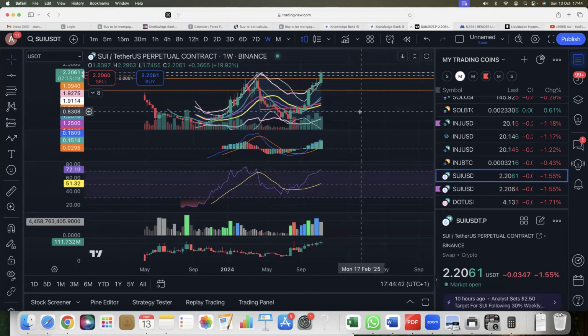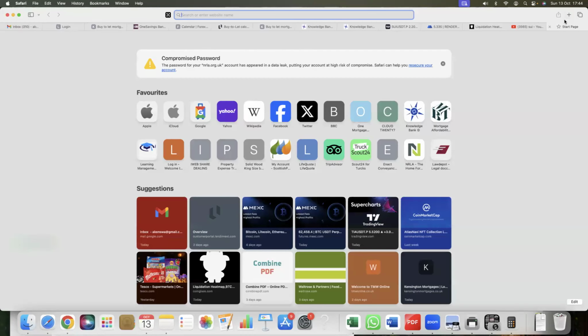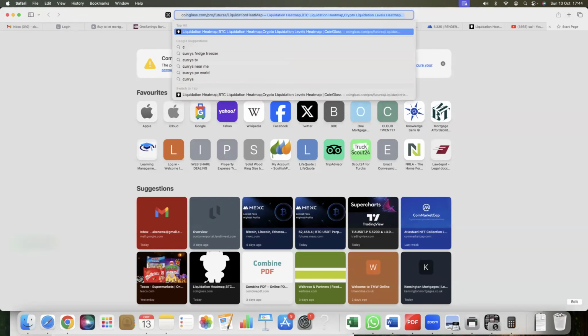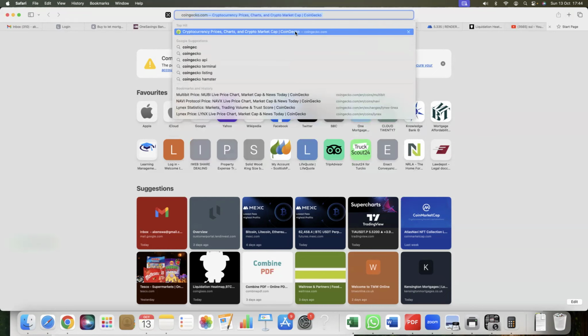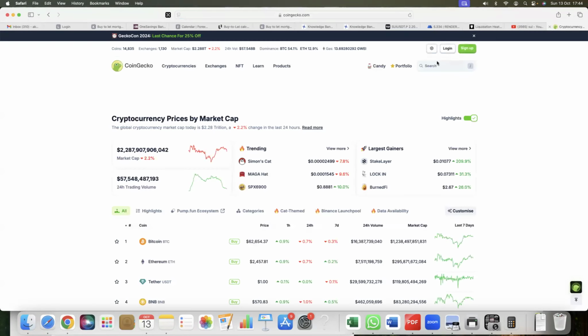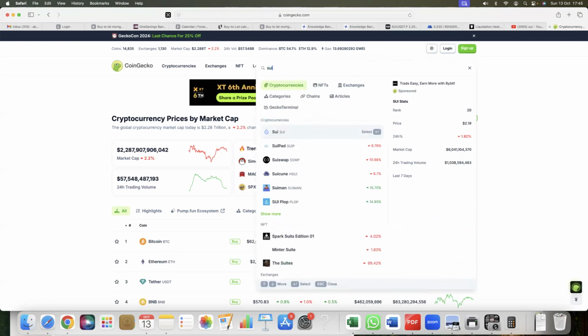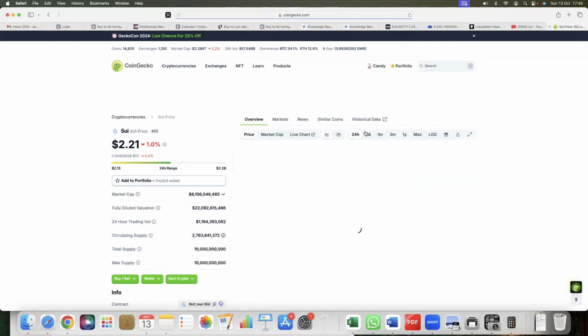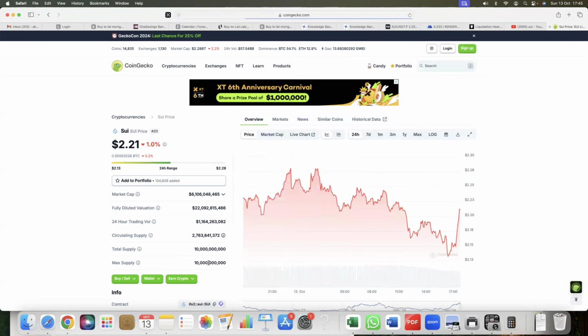People are saying you need to buy it because it's going to go to $20, it's going to go to $100. But when you look at the tokenomics on SUI, it's not a Solana. If we have a look at CoinGecko and look at the tokenomics, look, it's 10 billion tokens. 10 billion.